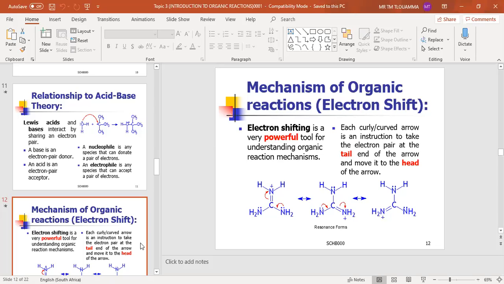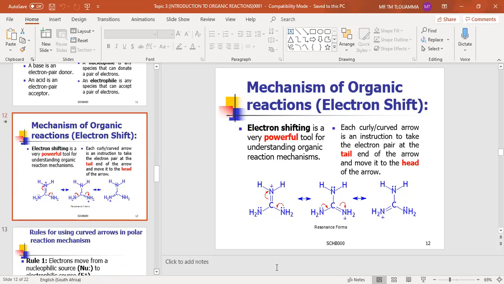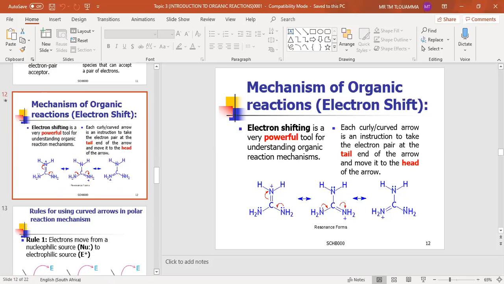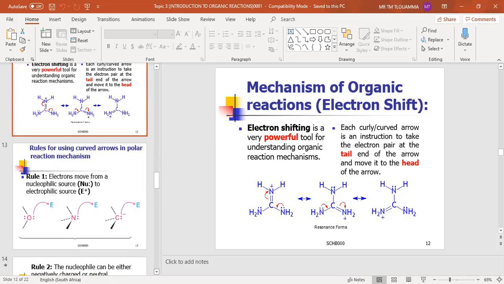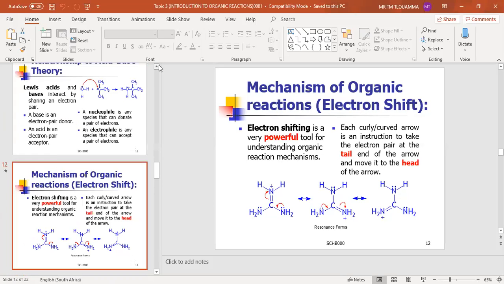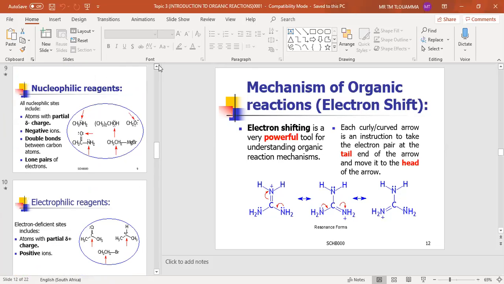It's just that you guys are lucky this year because you're writing online. If you were not writing online, you would be supposed to have a structure like this, whereby you indicate how your electrons are moving or shifting. If you miss one step or don't indicate the shifting of electrons, your whole reaction is going to be wrong.